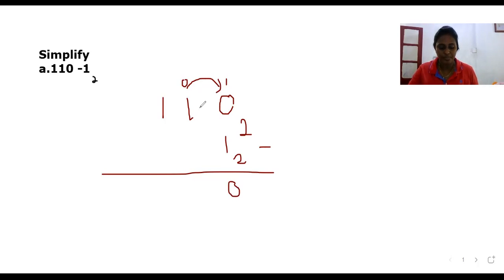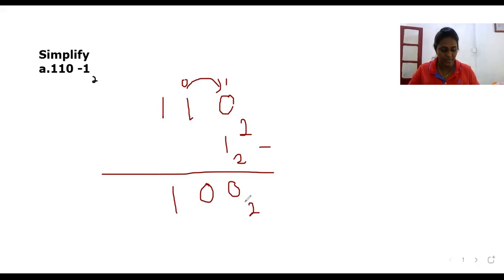Now here, no number, it is 0. Then here, 1. So 110 minus 1 is 100. Right? In your book, it is a small mistake.